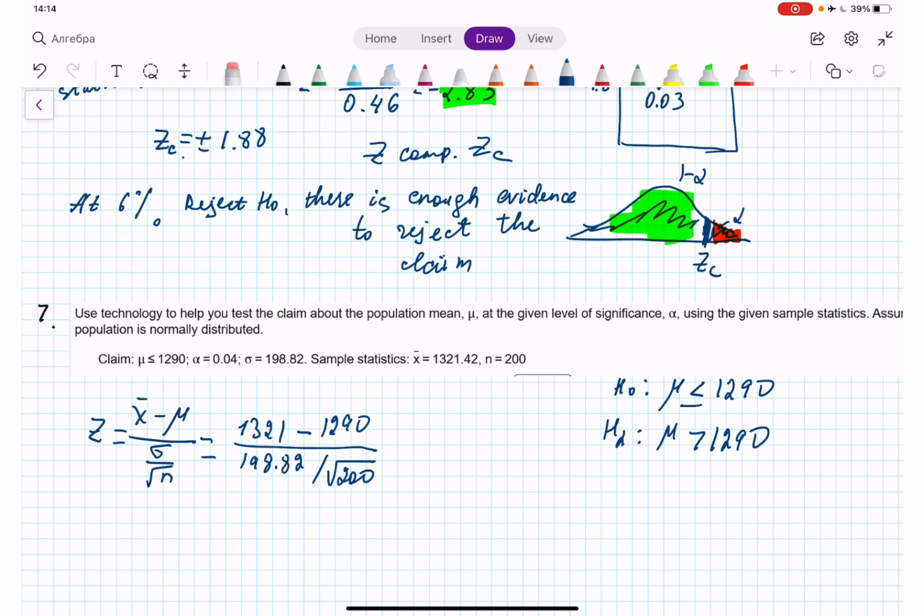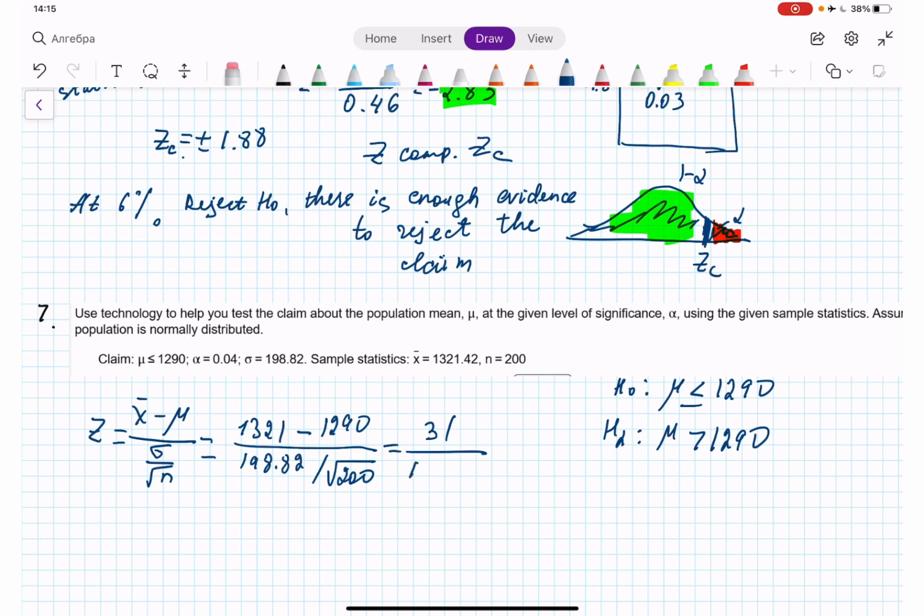Well, how much do we get? Let me see. 1321 minus 1290. That's going to be 31. Next, I need to take the square root of 200. It's going to be about 14.14.